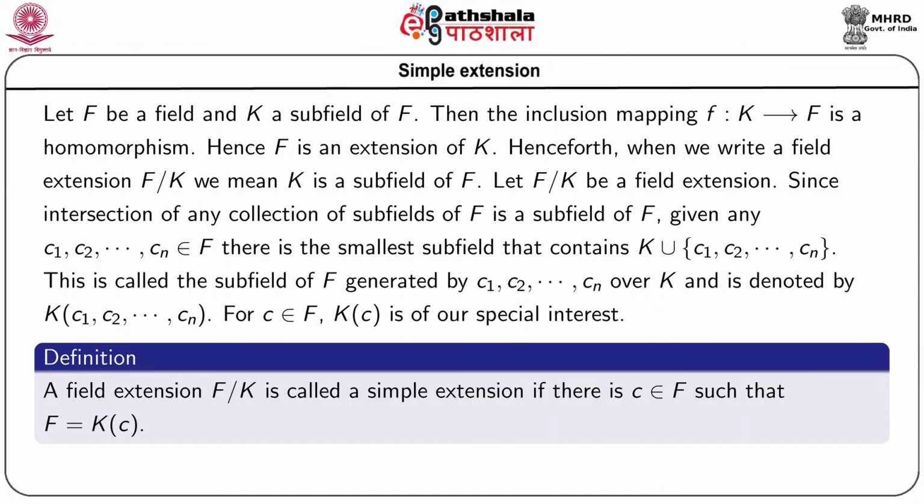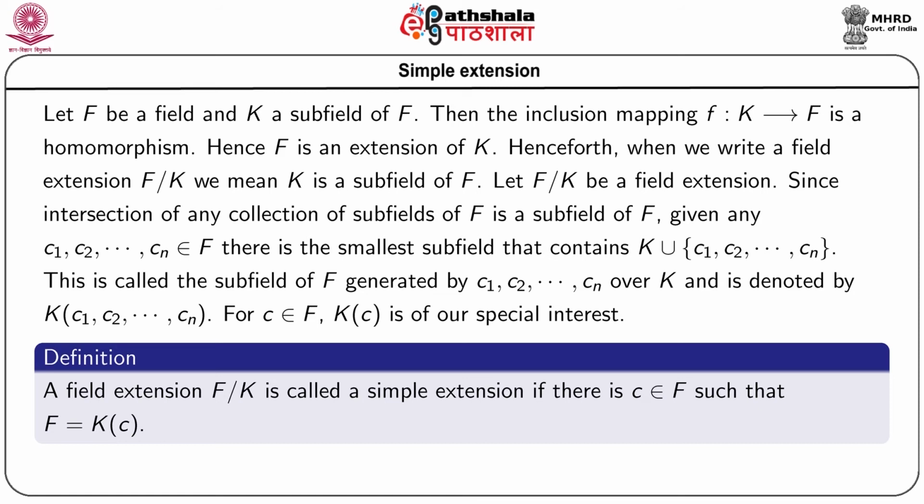The motivation for introducing simple extensions is to express an extension F by K by an element c in F and the set K. Since the intersection of any collection of subfields of F is a subfield of F, given any n elements c1, c2, ..., cn of F, we can find the smallest subfield of F that contains K as well as all of c1, c2, ..., cn.